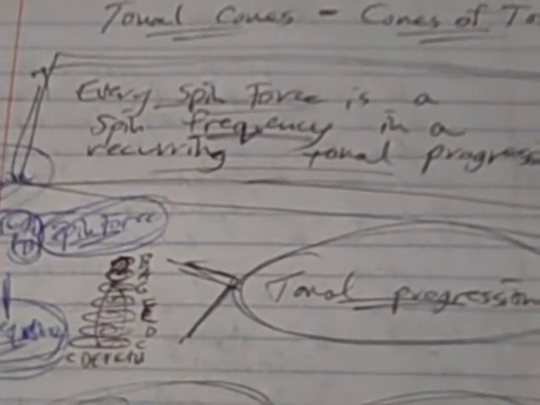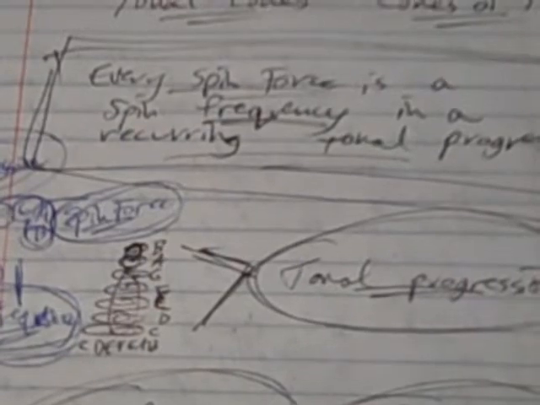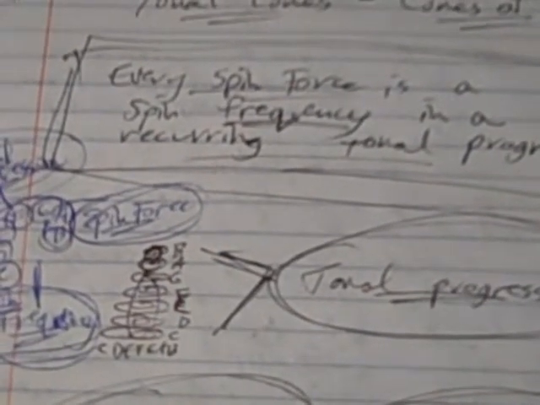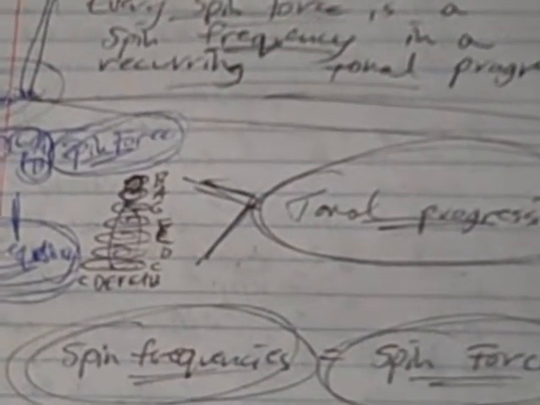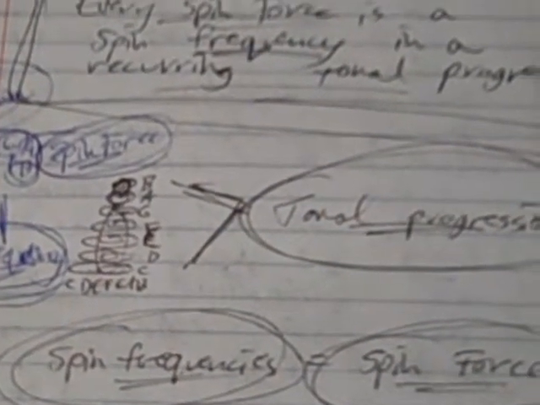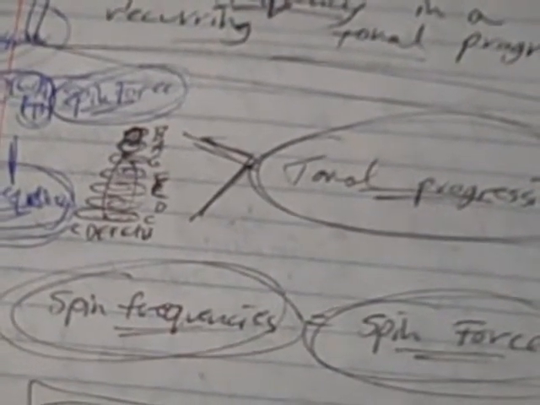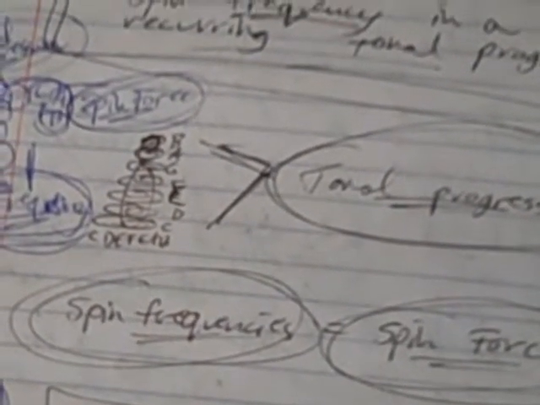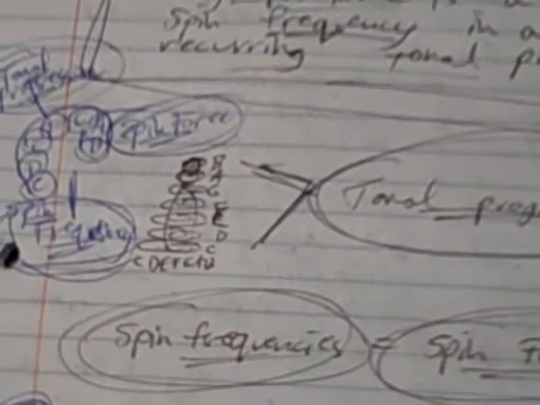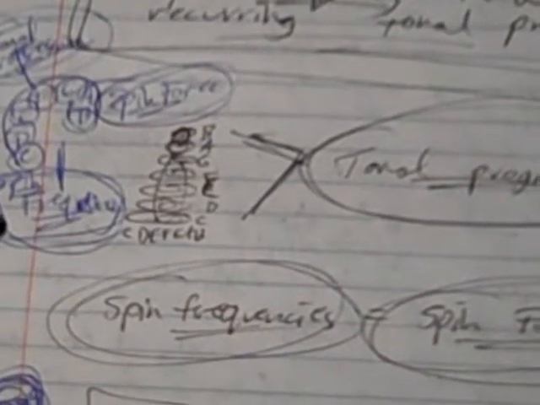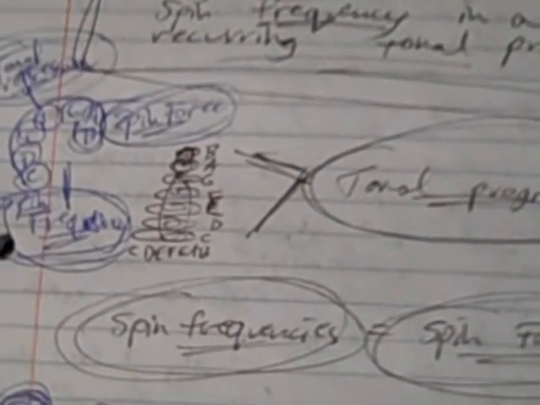But the point is that these spin forces, these spin frequencies, essentially could be the way to understand all the variations in nature, and that the fundamental principle is spin.